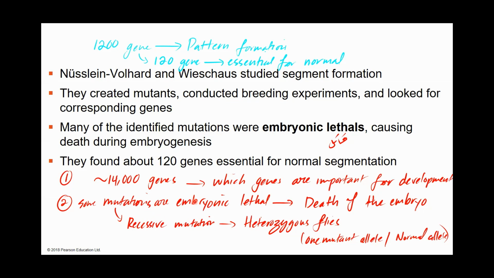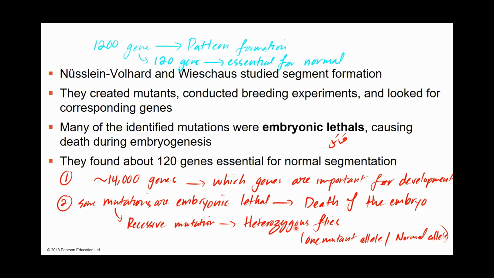So a dominant embryonic lethal mutation will cause death. A recessive embryonic lethal mutation will not cause death in heterozygous flies. Okay, a dominant embryonic lethal mutation will cause death in heterozygous flies, but a recessive one will not.